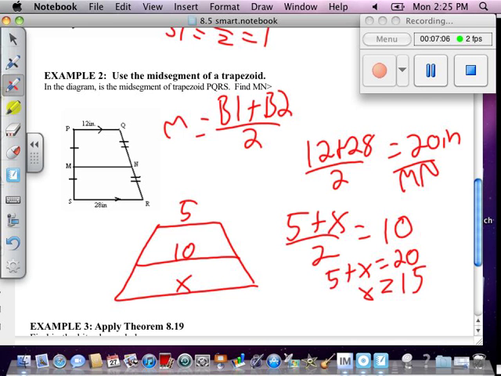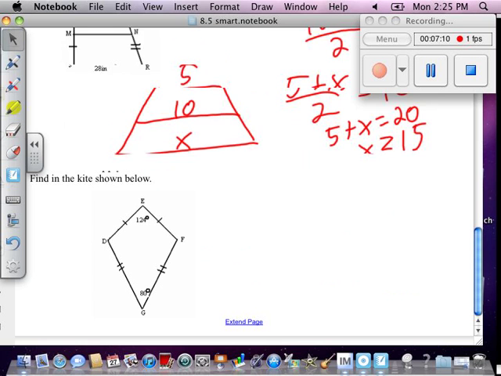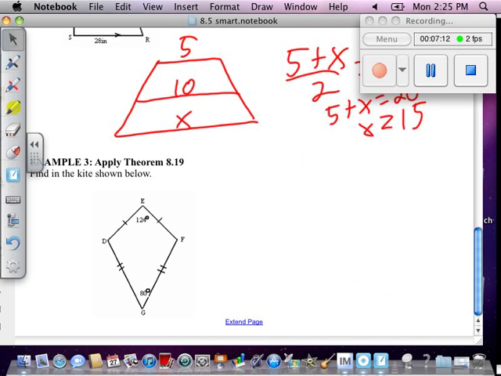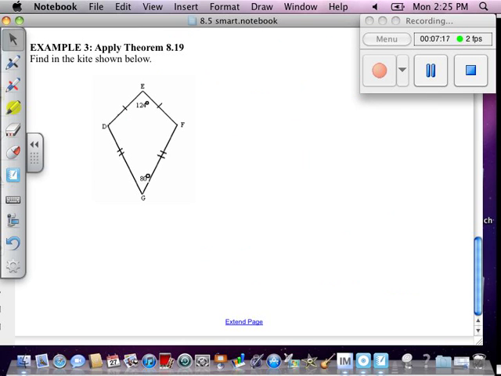Okay. Last one, let's look at a kite. All right, how would I figure out what angle D is? The interior angles of any quadrilateral are going to add up to what? 360. Okay, let's see what I have so far.